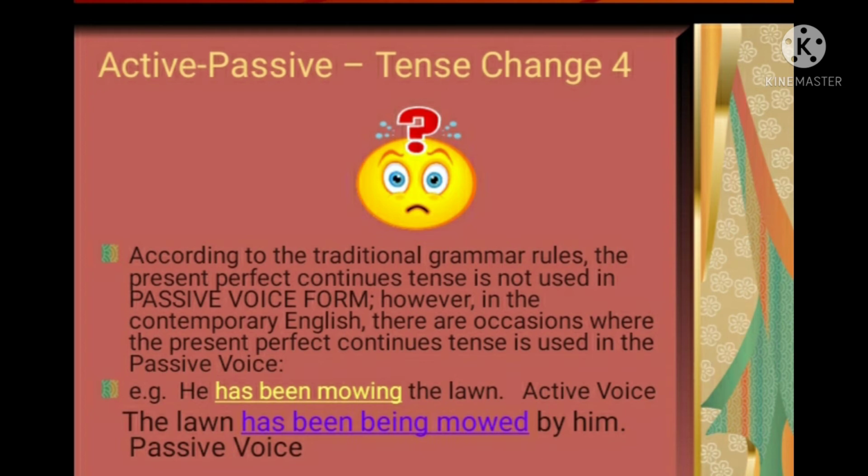He has been mowing the lawn. This is the active voice. The lawn has been mowed by him becomes the passive form of it. Here you can see children, the present perfect continuous tense only is used both in the active as well as the passive voice.